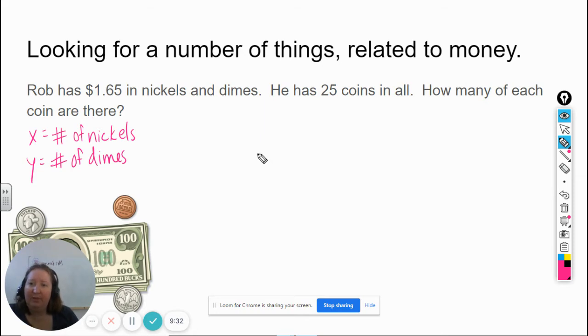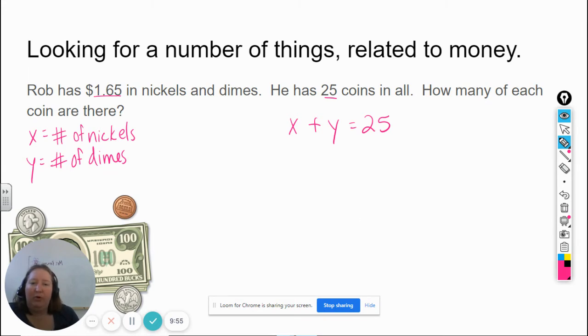Well, I don't have very many numbers, guys. I've got this number, which is a total, and I have this many coins. Well, from the previous two examples, you might be able to guess that the number of nickels plus the number of dimes is going to equal 25. So we could say X plus Y is equal to 25. You might be able to figure that part out. But here's the thinker.